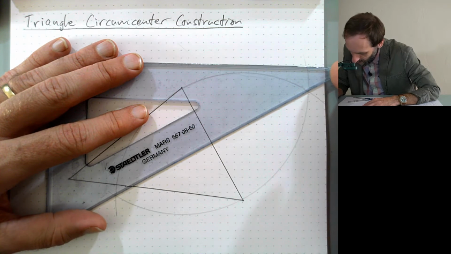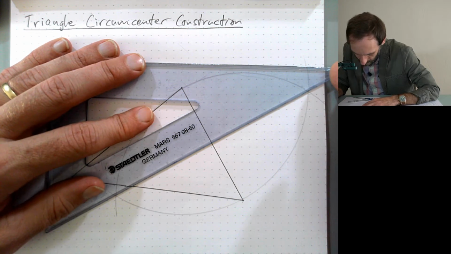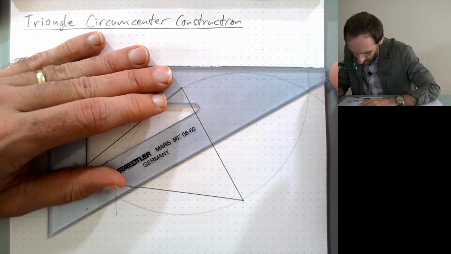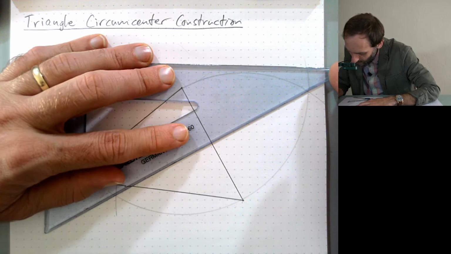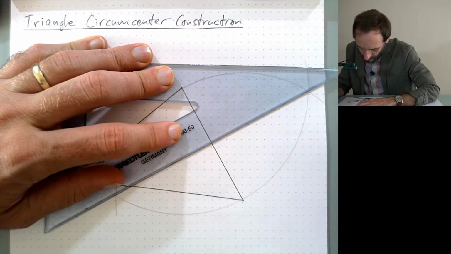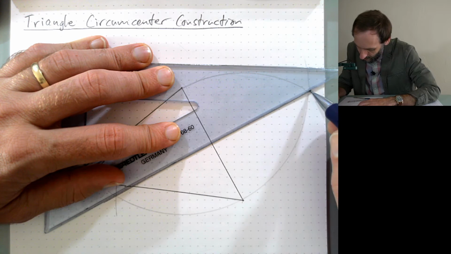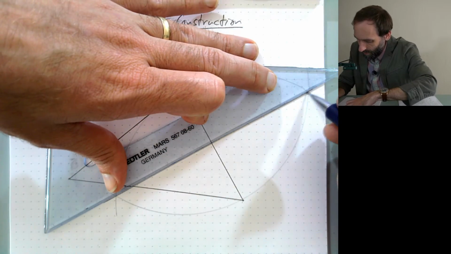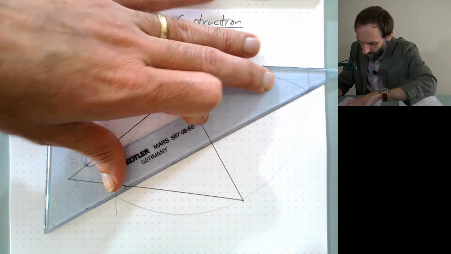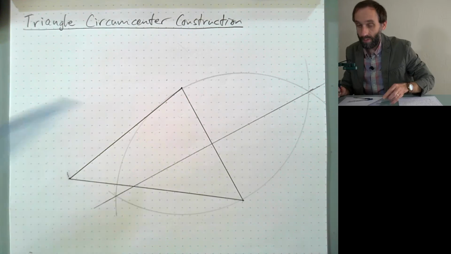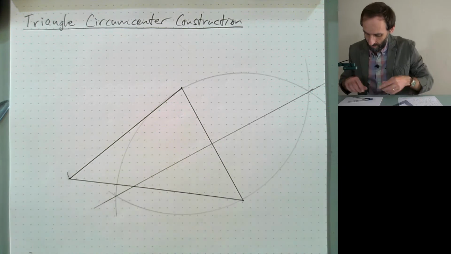So I'll line up my straight edge like so. Let me get it as accurate as possible. I want this to come out nice and pretty. So there is the first perpendicular bisector.